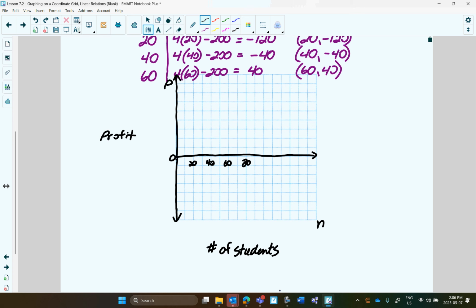What would you want to go up by vertically? Up and down. I've got to get down to negative 120. So how much should I go down by? 40s. So we could go negative 40, negative 80, negative 120, that would work.